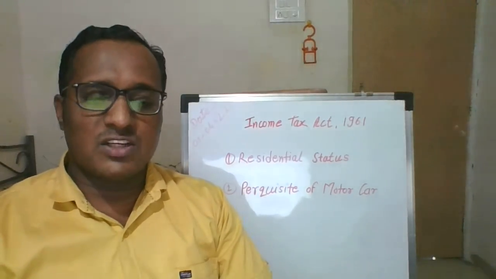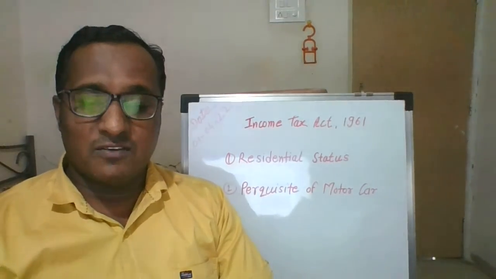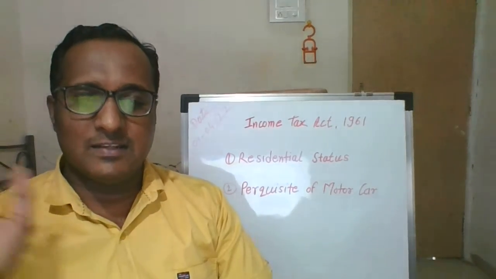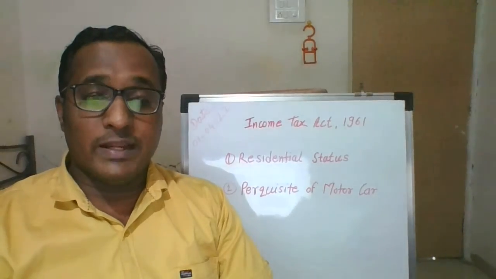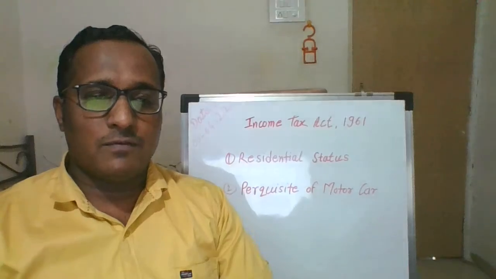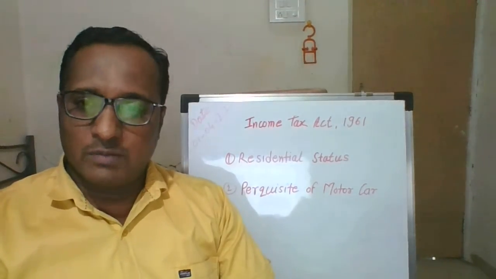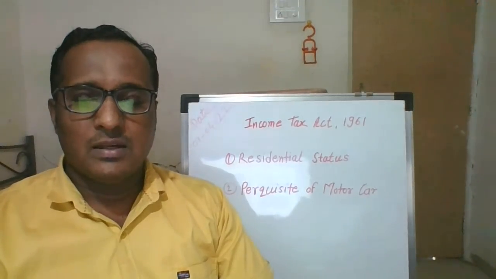And the second condition is that you have stayed in India for two or more financial years out of the previous four financial years. So these are the two conditions according to the Income Tax Act 1961 in the concept of resident of India.